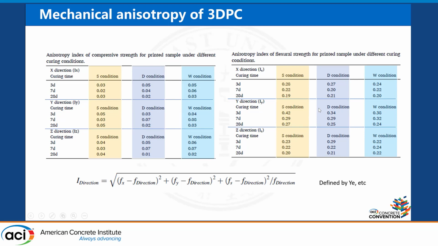That means the curing condition did not change the anisotropic property of 3D printed concrete. That is because the anisotropic property is mainly caused by the existence of interfaces. But the interface, in fact, is not very much affected by curing conditions.